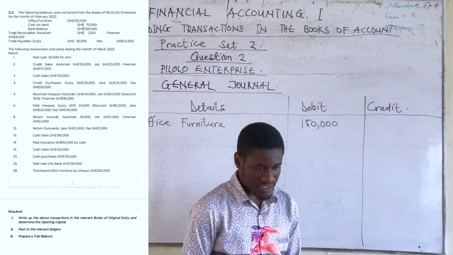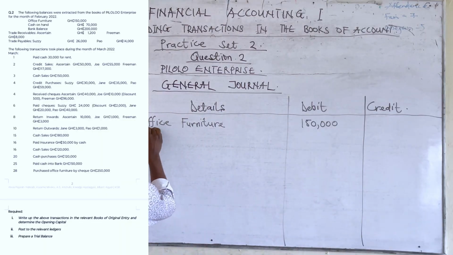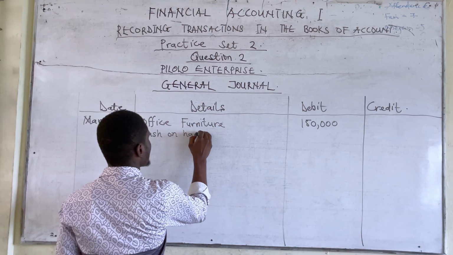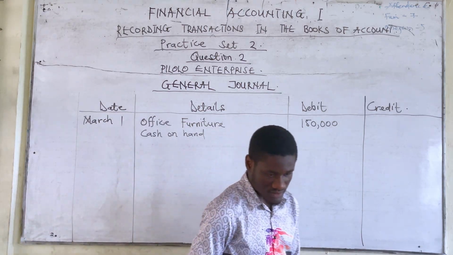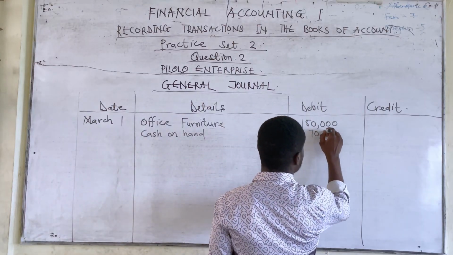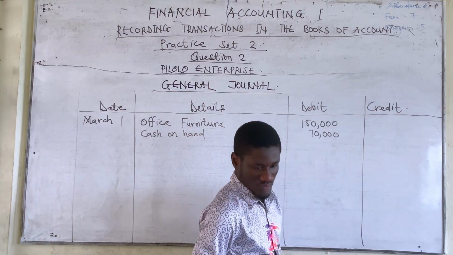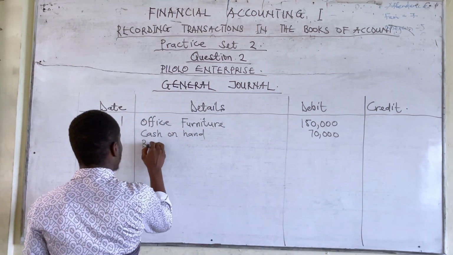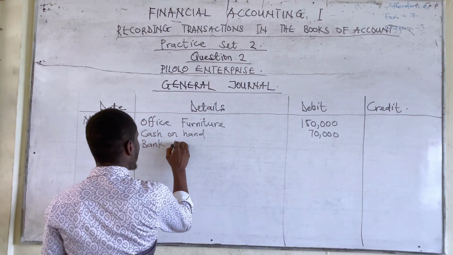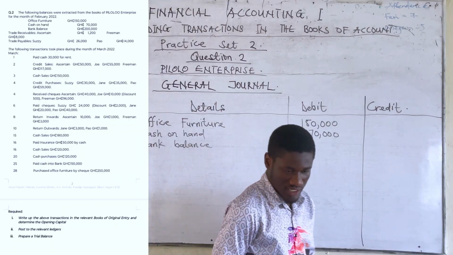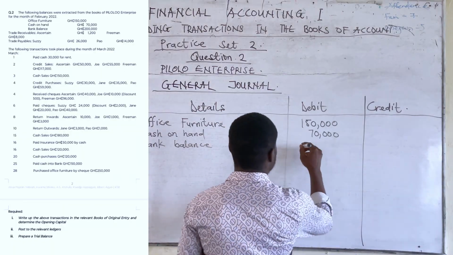They've also given us cash on hand, which is 70,000. They've also given us our bank balance, which is what? 200,000.